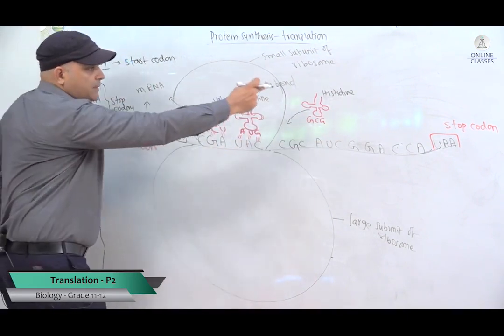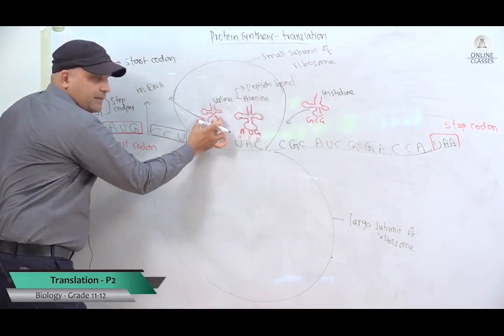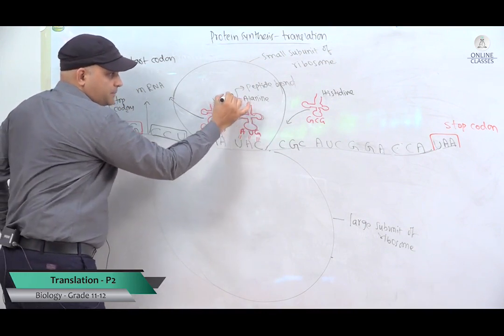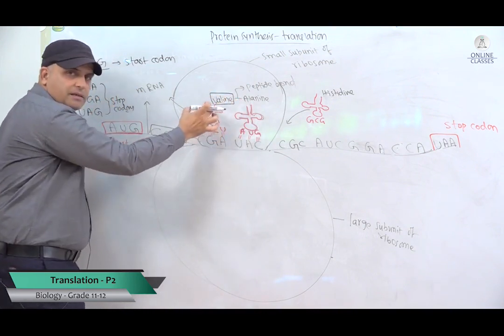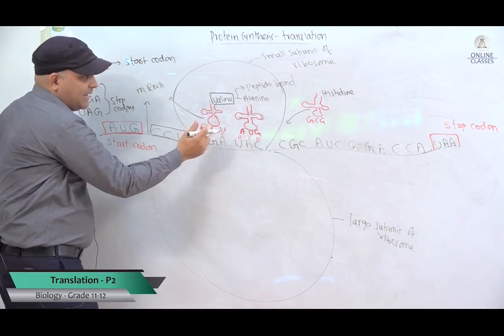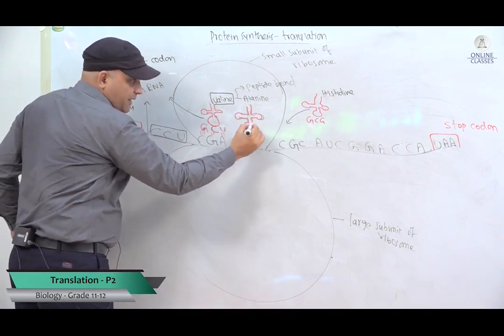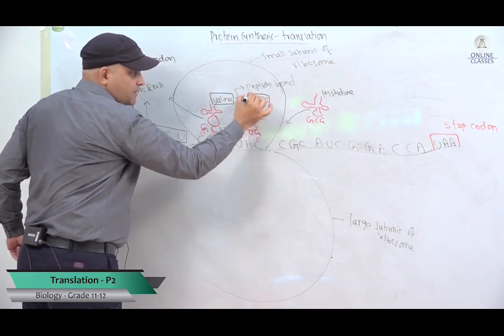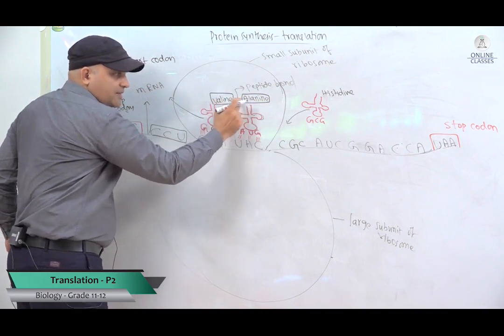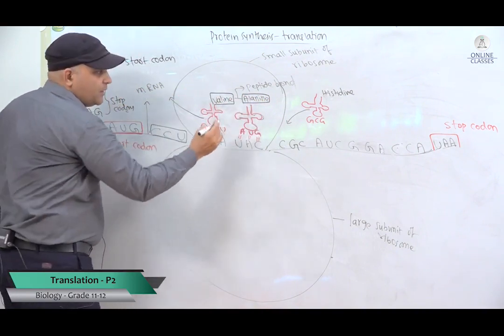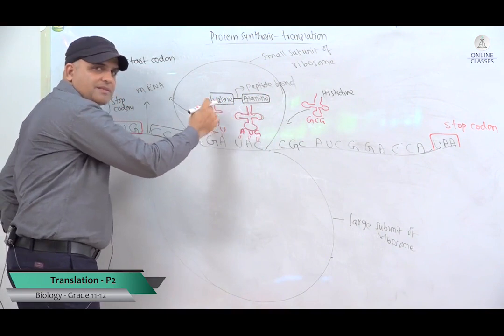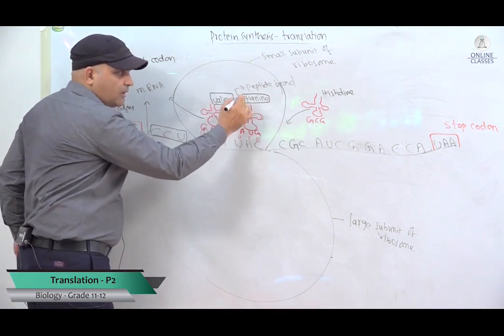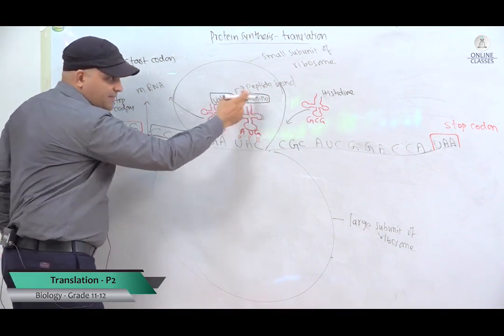So these tRNAs come and bind, they bring the amino acid with them. They bind inside the ribosomal subunits, and another tRNA, now you can see this, brings the amino acids here. When two amino acids are lying side by side, the amine group of one amino acid can form a peptide bond with the carboxylic group of the next amino acid.